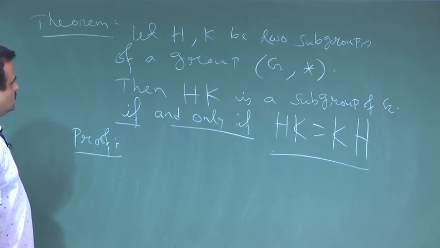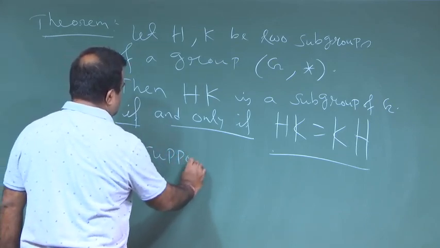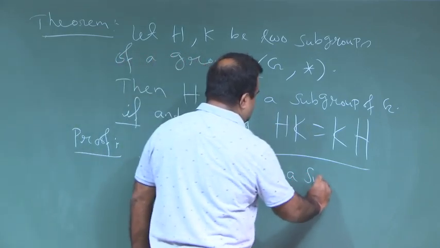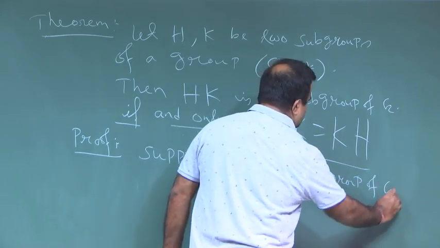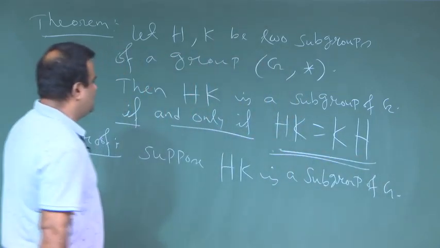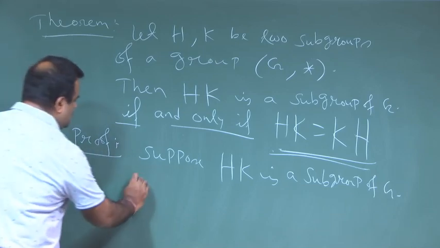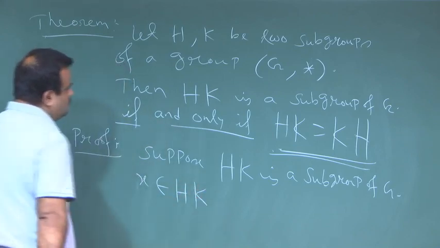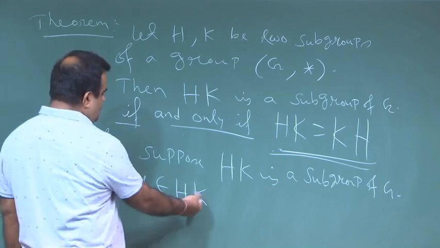Okay, first of all we assume this is a subgroup. Suppose HK is a subgroup of G. Then we want to show these two sets are the same. So, for that what do we need to show? We need to take an element from this set and show that this is an element of KH.